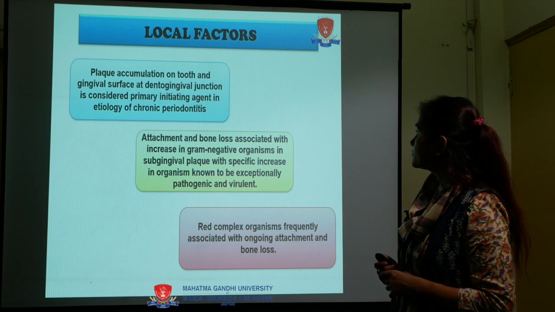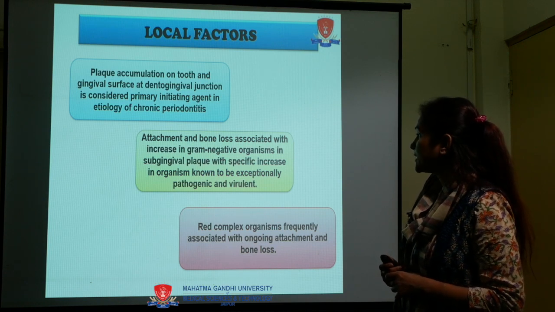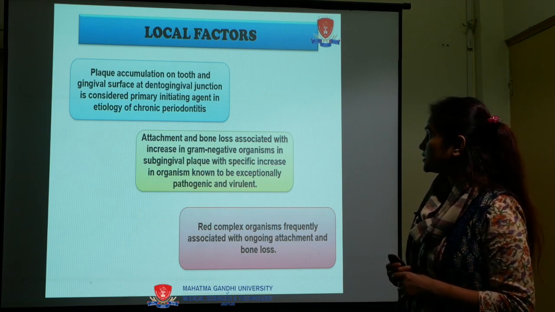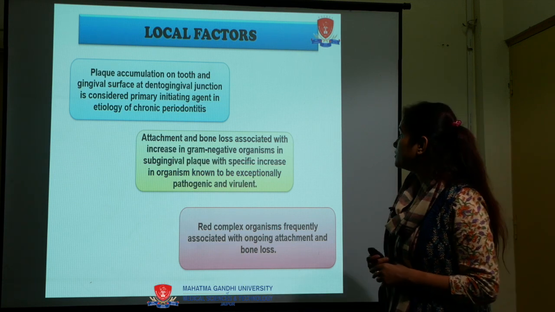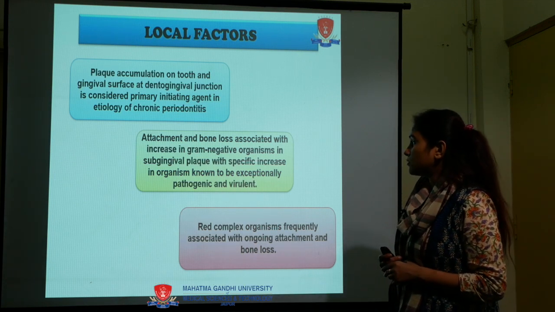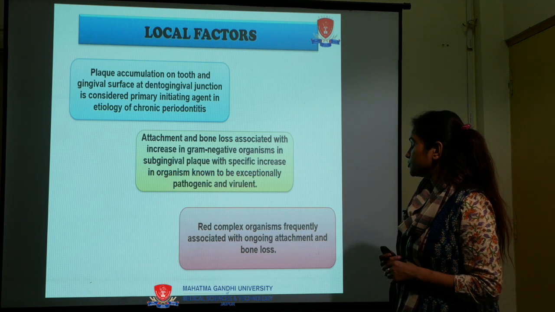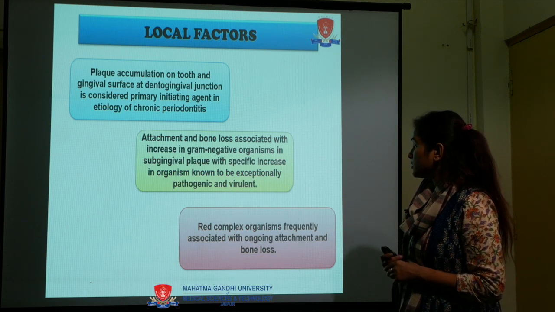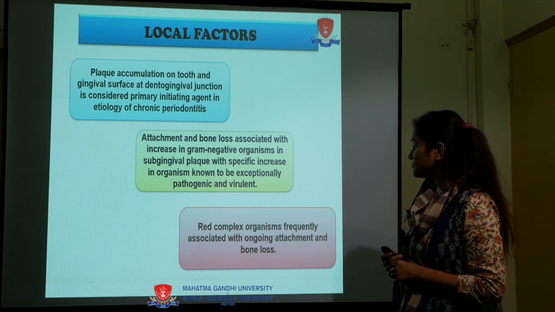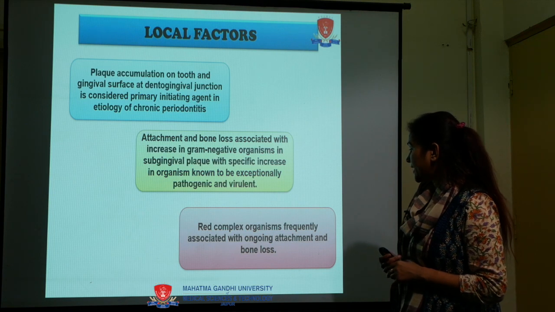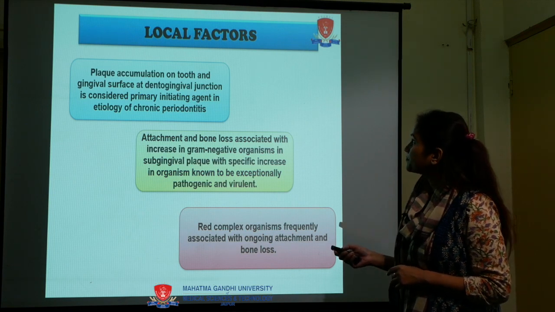Attachment and bone loss are associated with an increase in gram-negative organisms in subgingival plaque, with a specific increase in organisms known to be exceptionally pathogenic and virulent. Red complex organisms are frequently associated with ongoing attachment and bone loss.